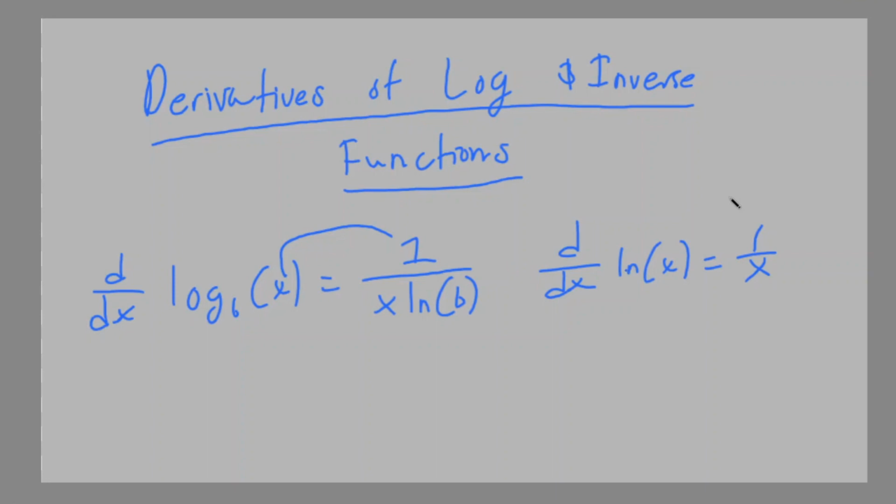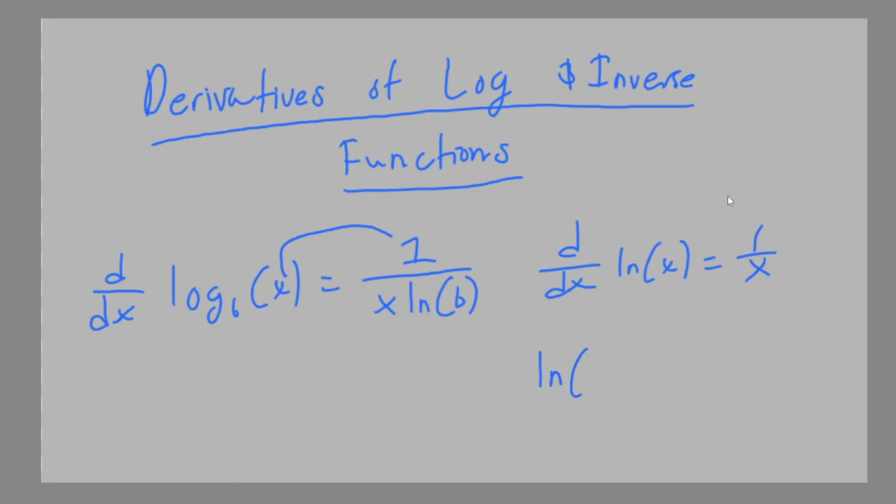And the ln function is a lot simpler. For ln of x, the derivative of whatever's inside the ln goes on the numerator, and then the non-derivative of it goes on the denominator.